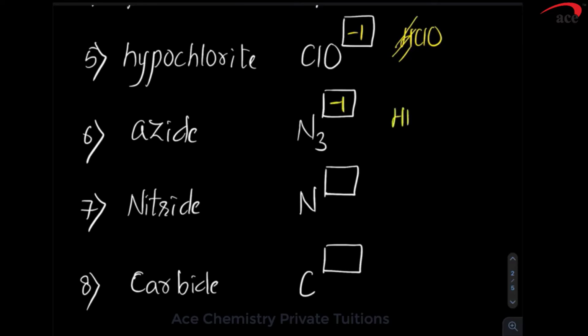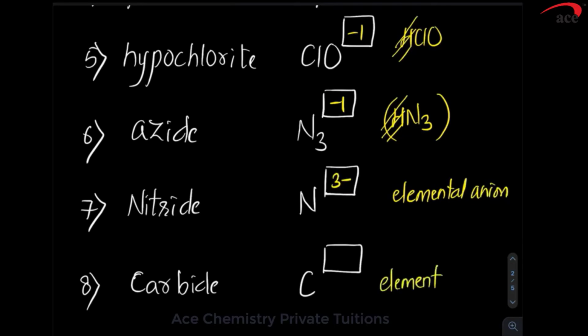This gets the name azide because it comes from hydrazoic acid. Nitride is an elemental anion, so it will have 3 minus. Carbide is also an elemental anion, and you know carbon has electronic configuration 2, 4, so as an anion it has to accept 4 electrons to complete its octet, therefore 4 minus.